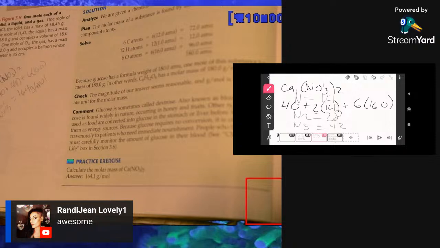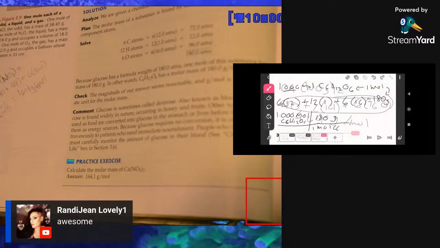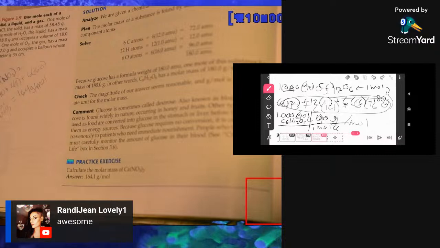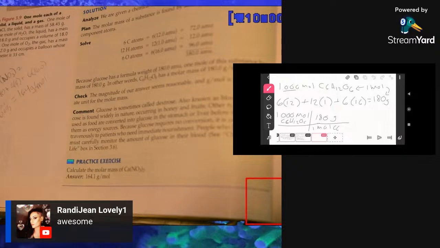And when you add those up, you're going to get 164 grams per mole. All right, so all I did was add that up, and you get 164. There you go. So we got that so far.